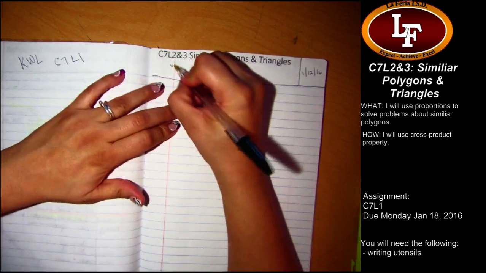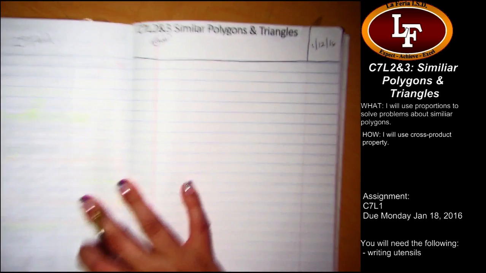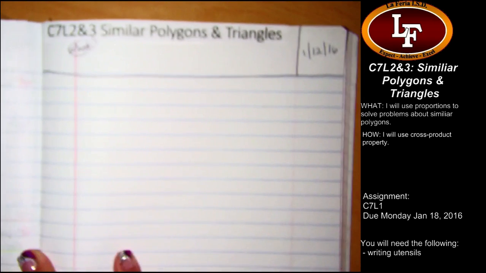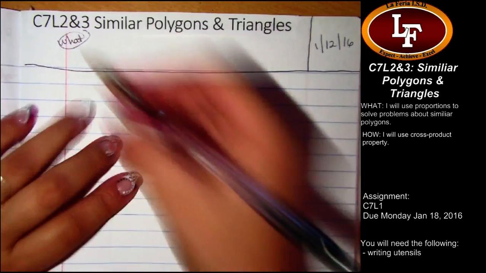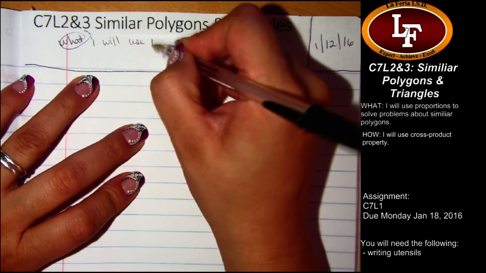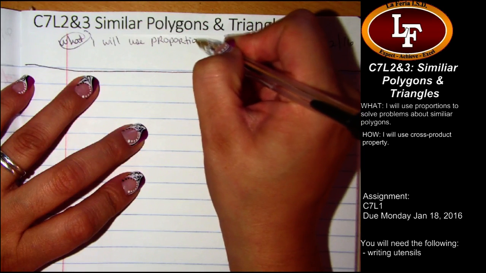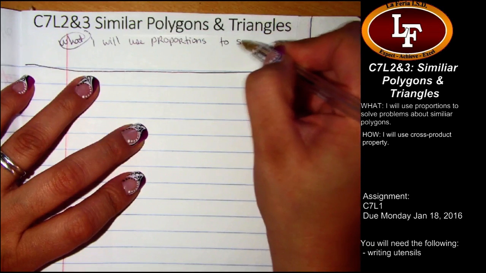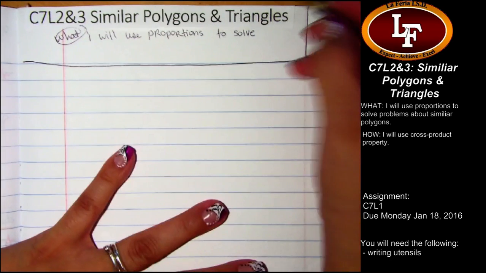All right, let's take a moment to read over these objectives today to make sure that I'm going to stay on track and on task with what I have to provide for you today. The what objective says that I will use proportions. From yesterday, what was a proportion? Look at yesterday's notes.